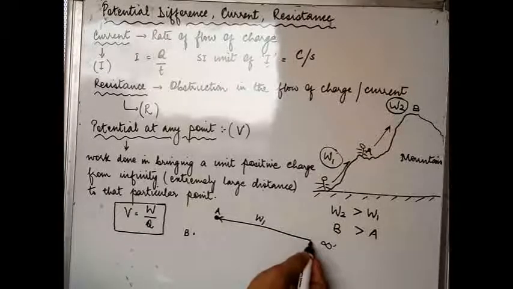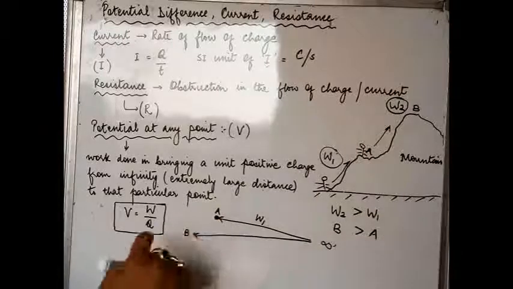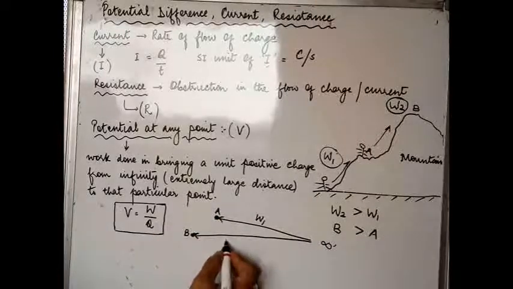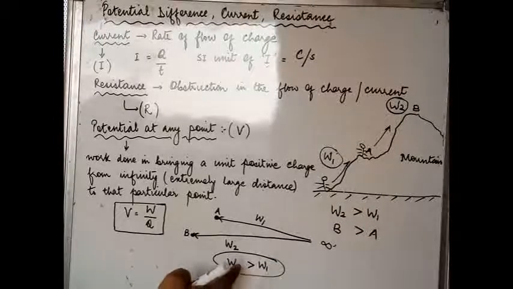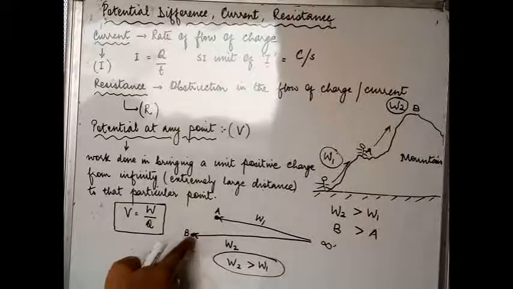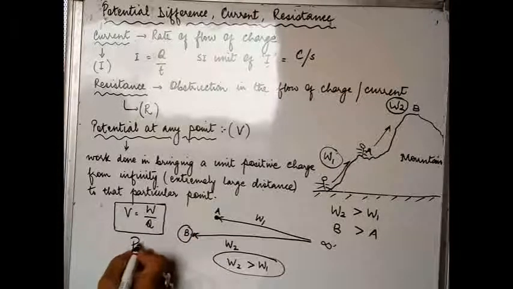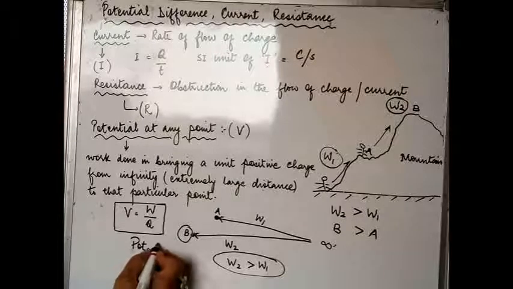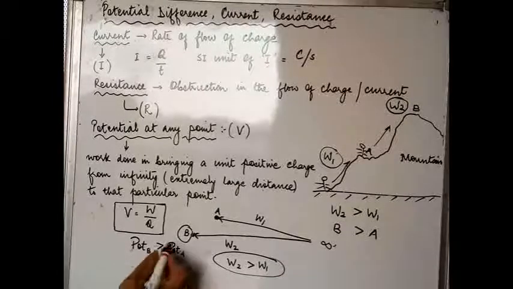Similarly, I am now trying to bring unit positive charge from infinity to another point B over here, and this time I did more work, okay. W2 was more than W1. So what does this tell me? This tells me that the more the work done, the more will be the potential at point B. So that means potential at point B is greater than potential at point A, okay.